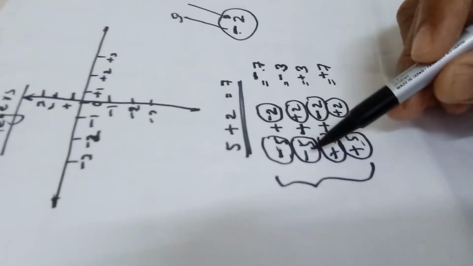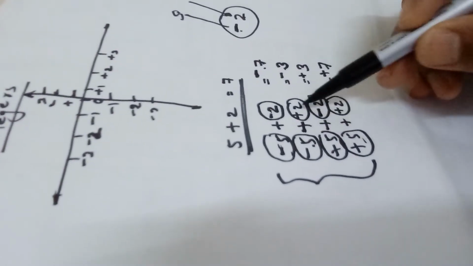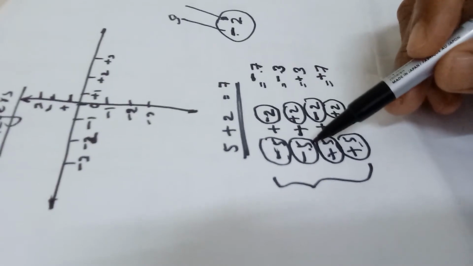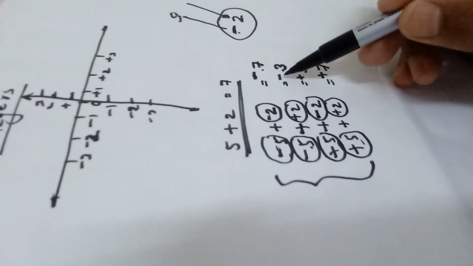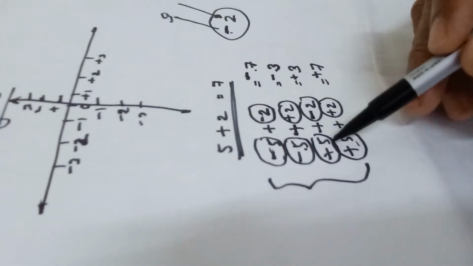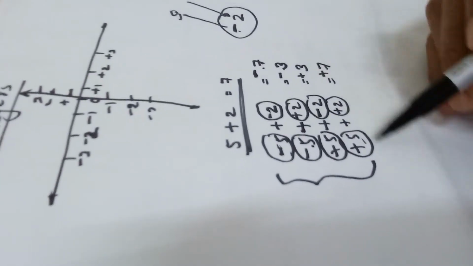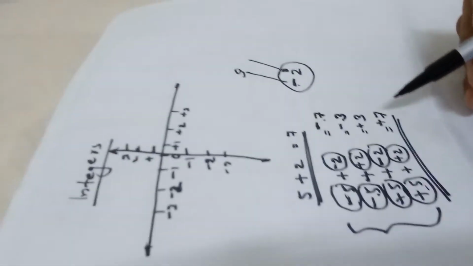Here it is minus 5, numerical value 5 and numerical value 2, the bigger numerical value is 5 and its sign is minus, so the answer is minus. Here the bigger numerical value is 5 and its sign is plus, so the answer is plus. These are the basic principles of addition.